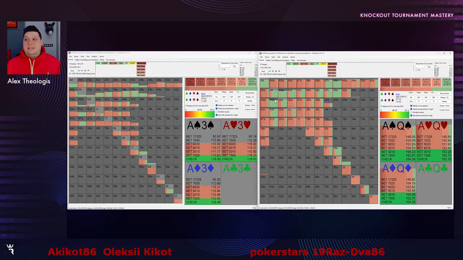The reason that we see these very similar frequencies, regardless of the bounty, is that, if you recall, the big blind was continuing wider when he was covering, so the big blind's turn range is actually wider in this case. So we have, on one hand, the hijack isn't incentivized to bluff much because he's covered, but on the other hand, the big blind's range is wider, so he just has way more natural folds.